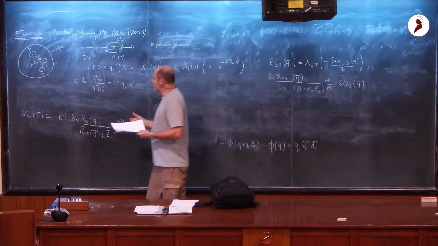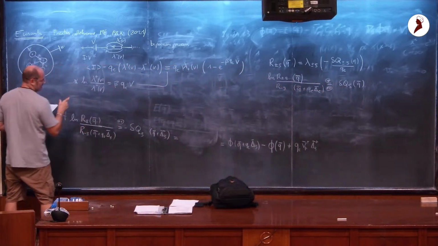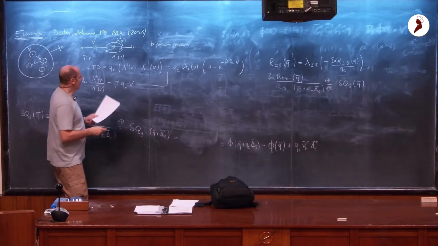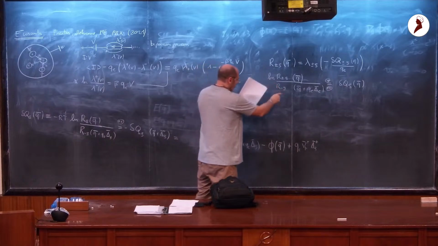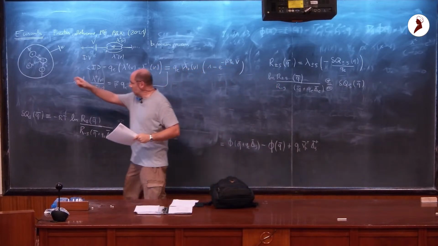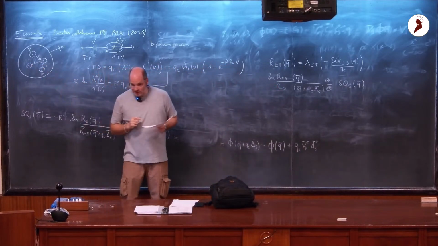So that's a way to construct your rates from these IV characteristics in such a way that you can use them to model the electron transport in your system.